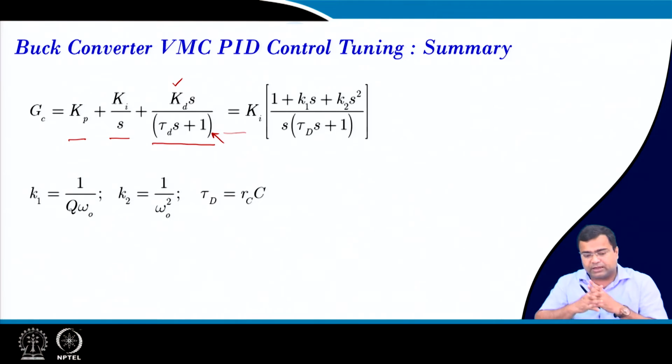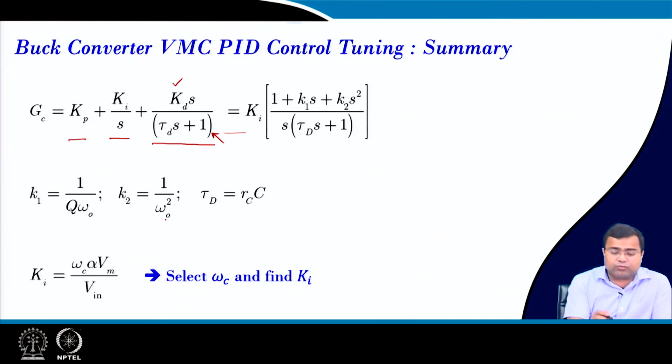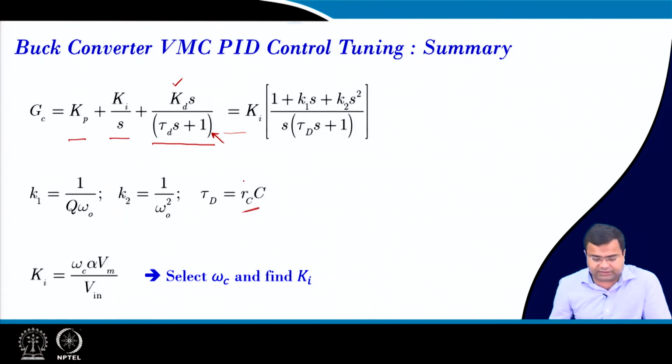We are talking about the design of voltage mode control in a buck converter, where we are going to design using the conventional stable pole zero cancellation, where K1 equal to 1 by Q omega 0 and K2 equal to 1 by omega 0 square, and tau d which is nothing but RC into C, that is the time constant due to the ESR of the capacitor.